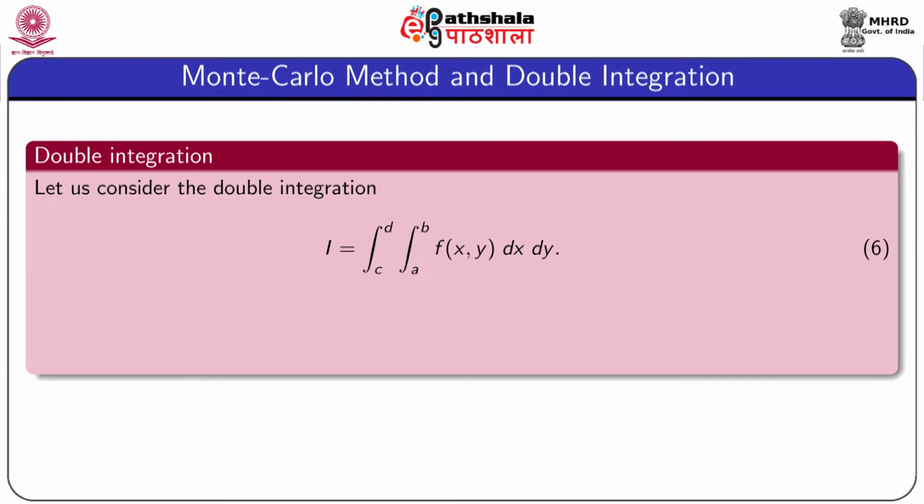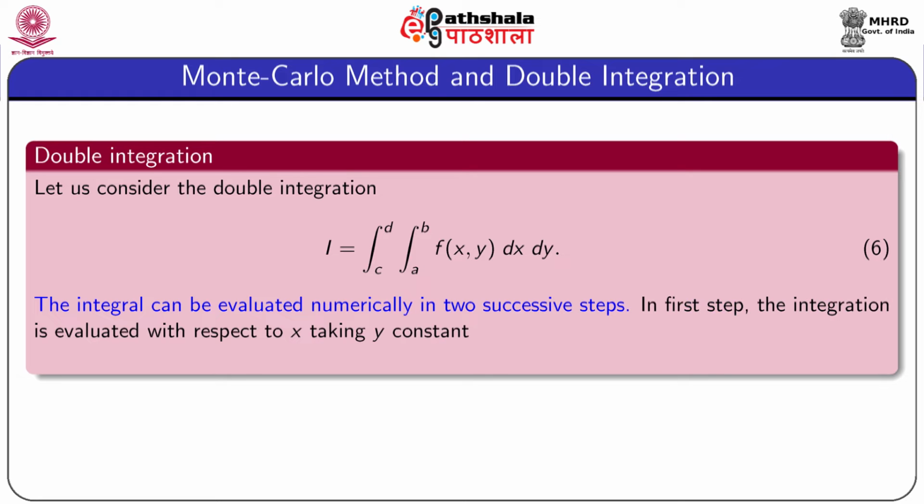Let us consider the simple case of double integration. I equal to integration c to d, integration a to b, f of x y dx dy, where a to b is the interval for the variable x and c to d is the interval for the variable y. The integral can be evaluated numerically in two successive steps.